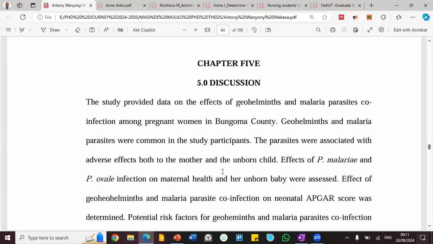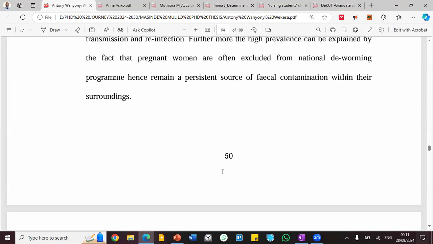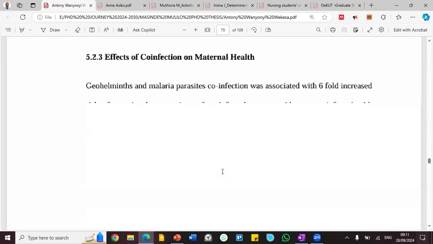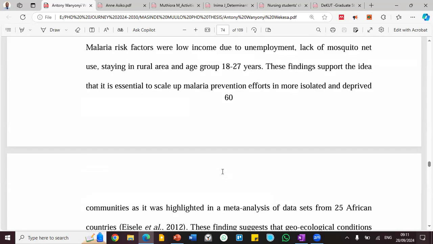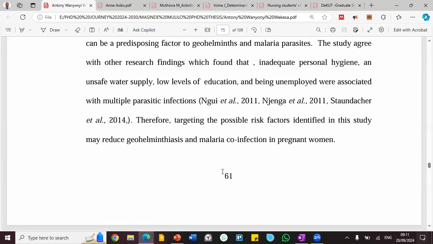So you can see here how it was formatted, maybe according to their guidelines. Chapter 5 is all about discussion, but maybe to show you, if I move again closer, chapter 6 for this person is now another chapter. It will be about conclusion and discussion.